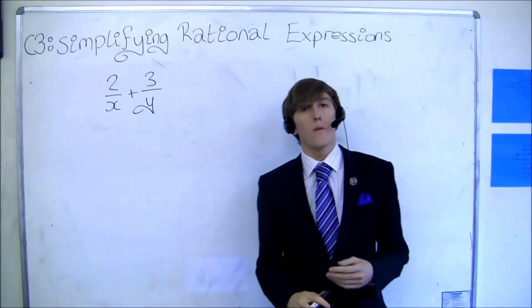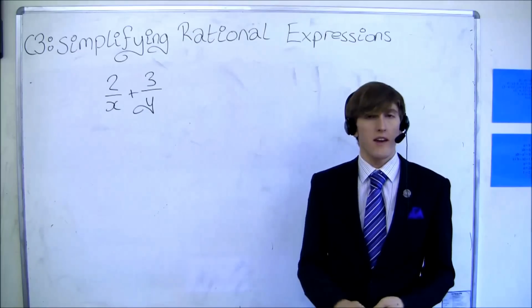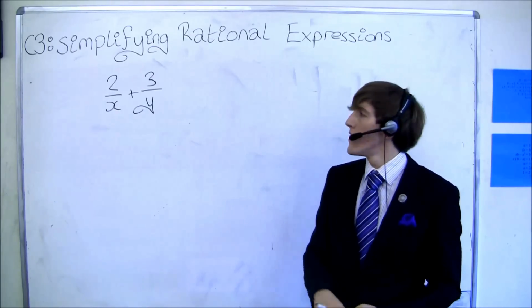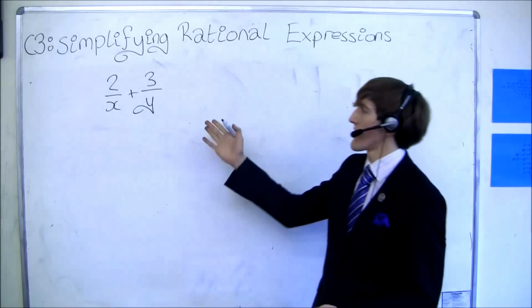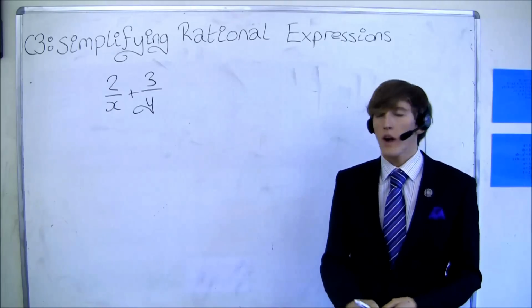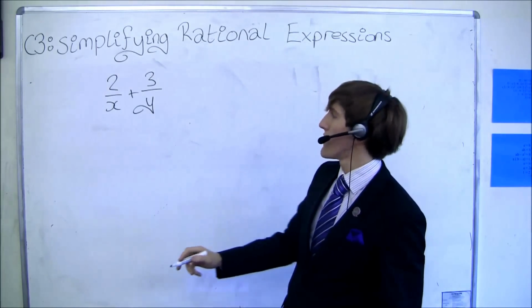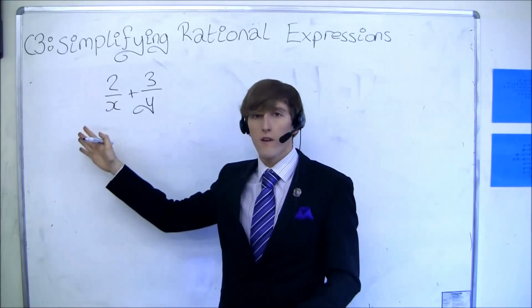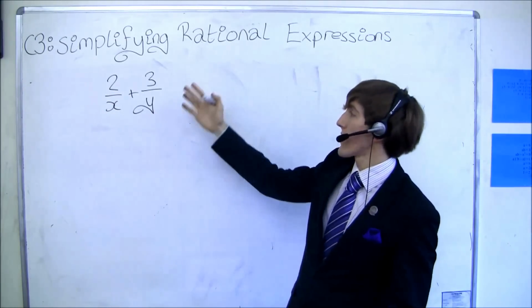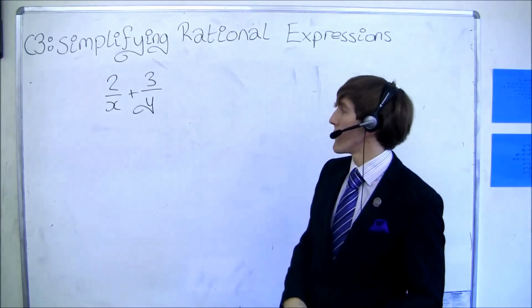Now we can recall that when we want to add fractions together, we can only do so if the denominators of the two fractions are the same. So if we wanted to add these two fractions together, 2 upon x plus 3 upon y, we need to make their denominators the same, and we do this by multiplying the numerator and denominator of the first fraction by something, the numerator and denominator of the second fraction by something else, such that their denominator will be the same.